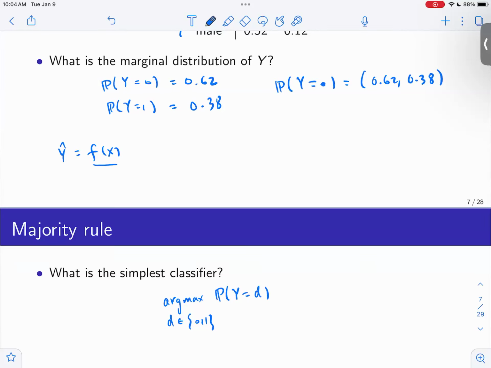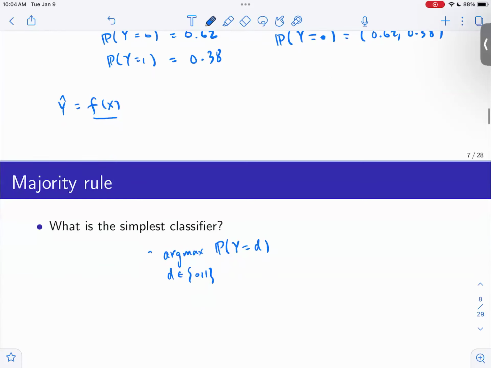Argmax means the argument that maximizes this. So this would be my classifier, the simplest classifier.